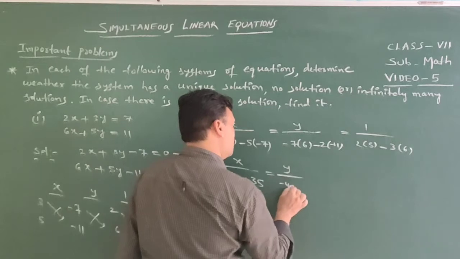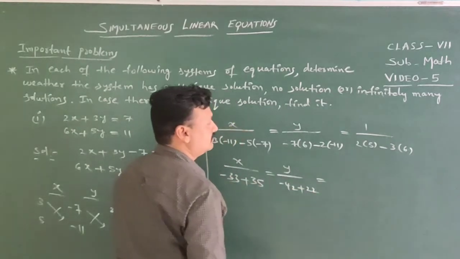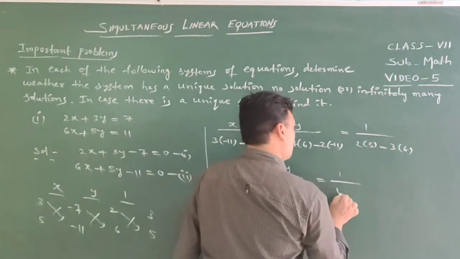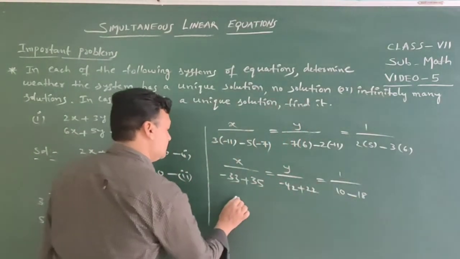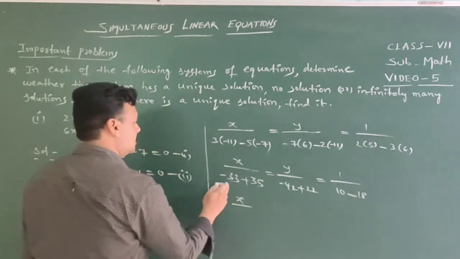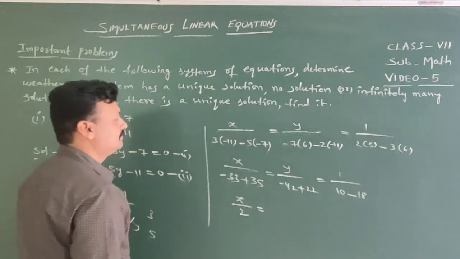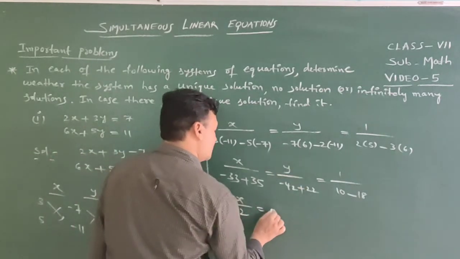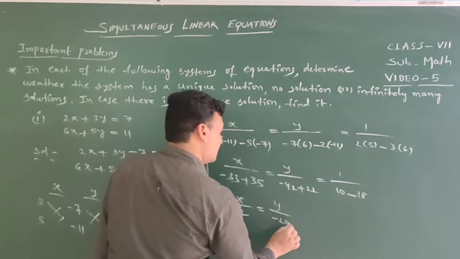Minus 42, minus of minus, plus 22. 10 minus 18. 35 minus 33 equal to 2. 5 into minus 22 equal to minus 20.